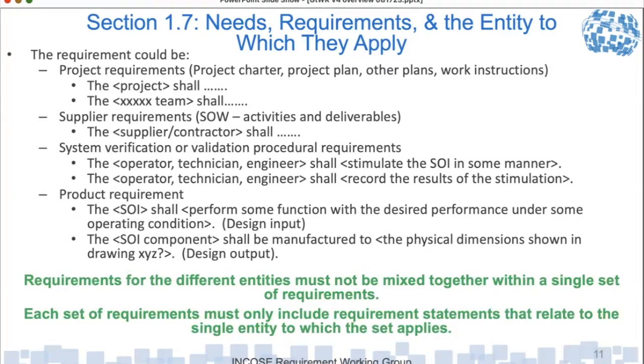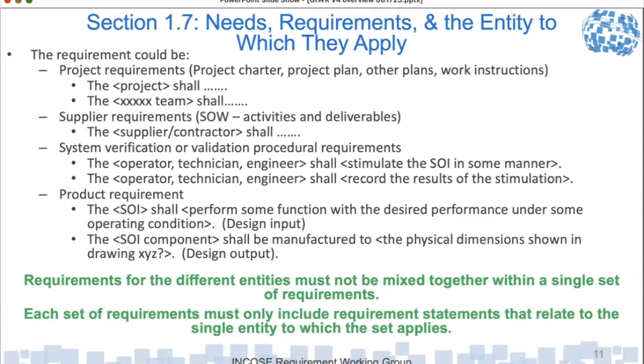But I've seen, especially in the construction world, in a lot of sets of requirements that dealt with some requirements were on, say, a building being built, and some requirements on the contractor building the building, but it made it real confusing because they wrote all those requirements in passive voice, and they didn't make it clear which ones were which, and it really messed things up. So we want to avoid that.